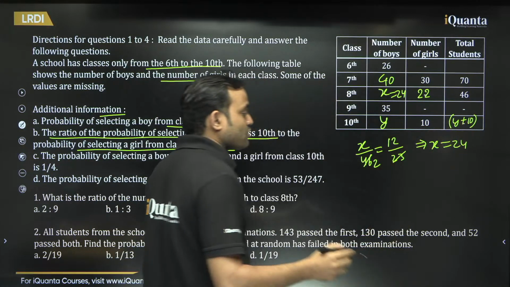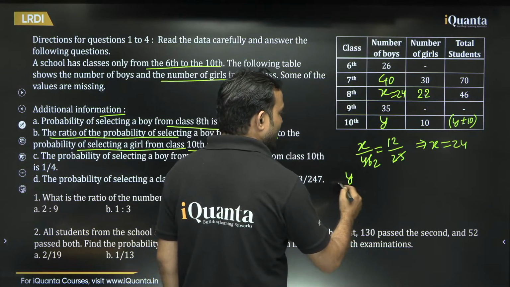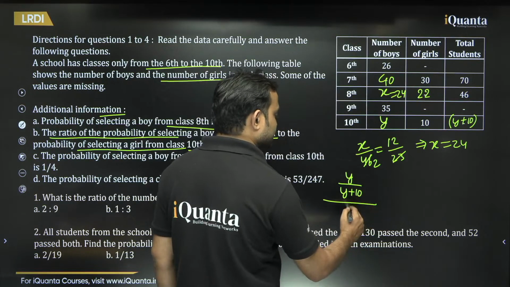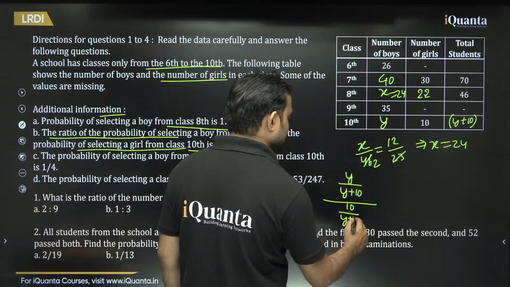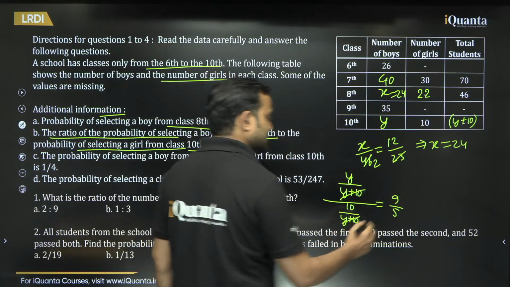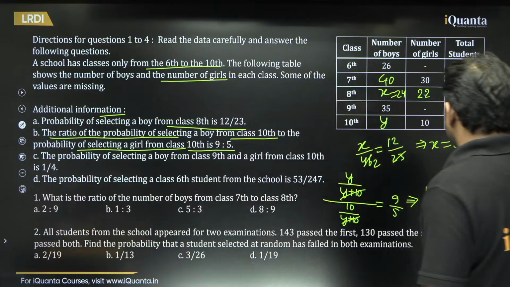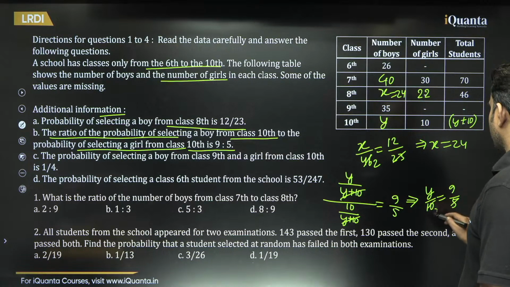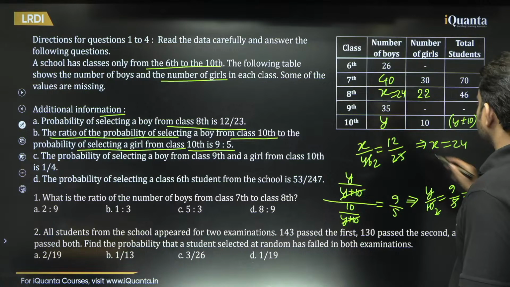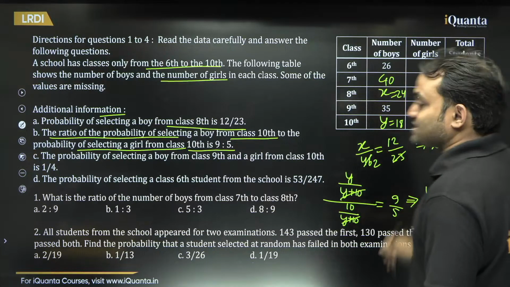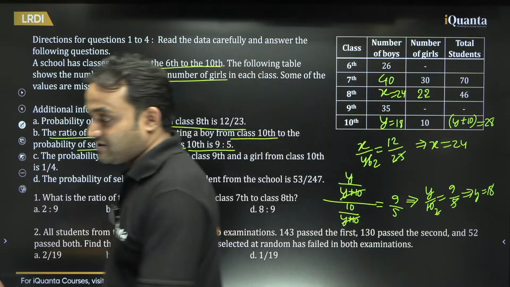Then what we can say, probability of selecting one boy, y upon y plus 10 divided by 10 upon y plus 10 is equal to 9 upon 5. So y plus 10 cancelled out. We can say y by 10 is equal to 9 by 5. 5 into 2. This 2 goes here, or we can say y is equal to 18. So y is equal to 18. Total number of students in class 10 will be 28.